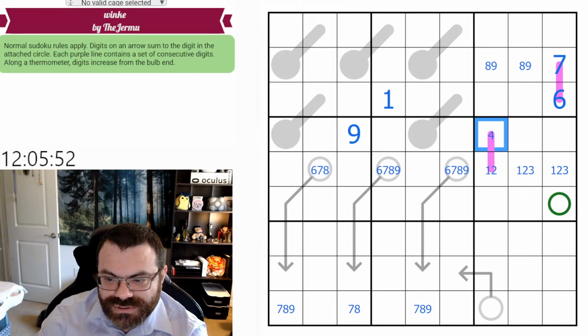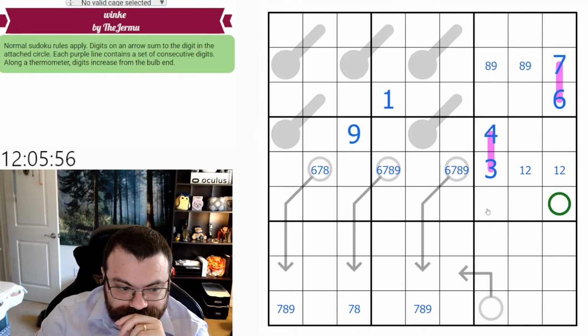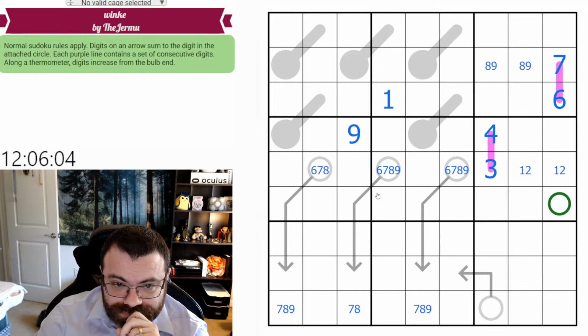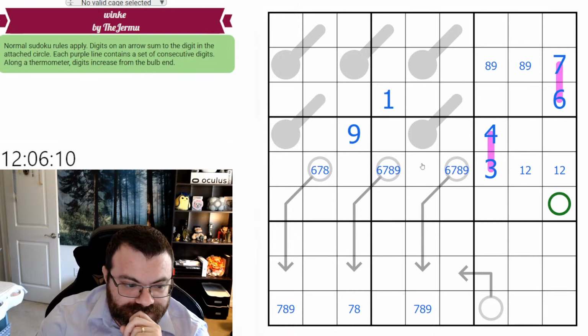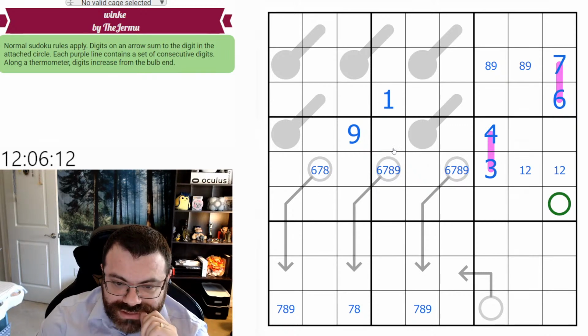Again, this has to be 3, 4 for the same reason. Row 4, column, yeah, okay, we got that. Okay, so what's next?